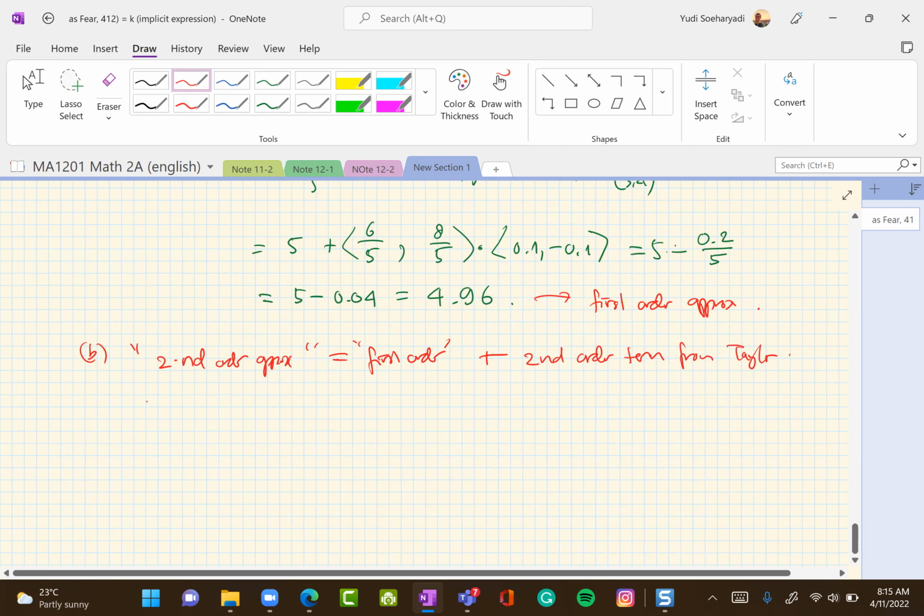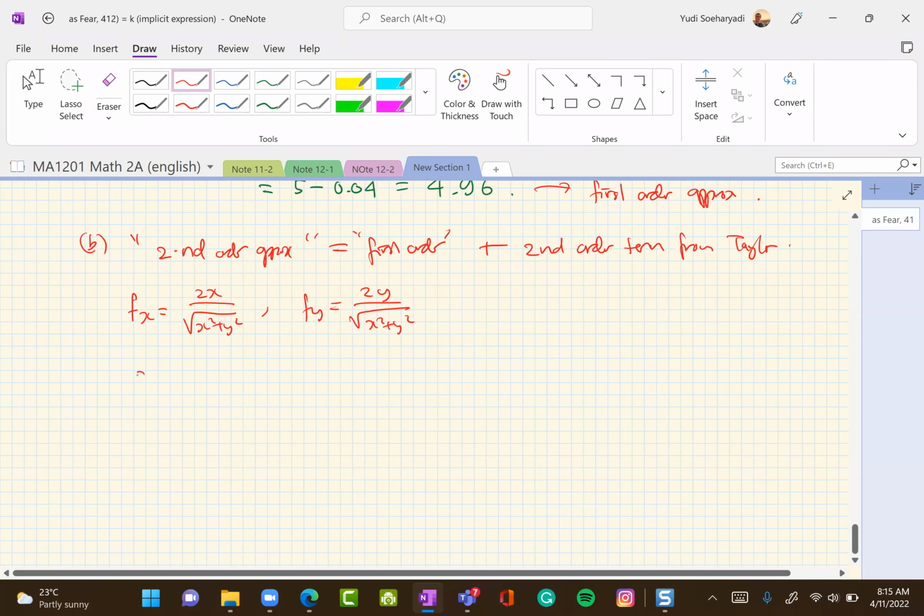Okay, let's compute. We know fx is 2x over the square root, fy is 2y over the square root, and then second derivative, this one. Okay, so derivative of the top, 2, 2 times this.